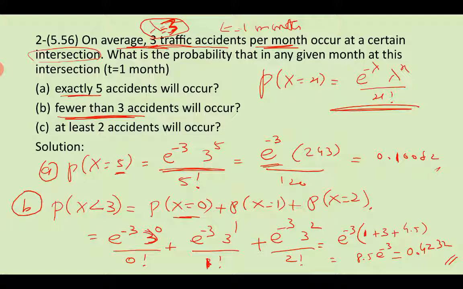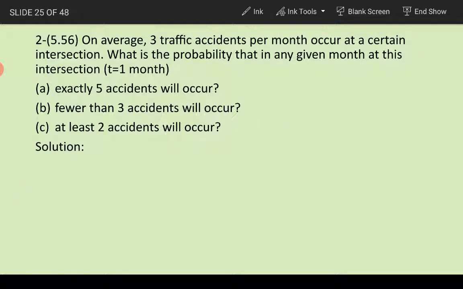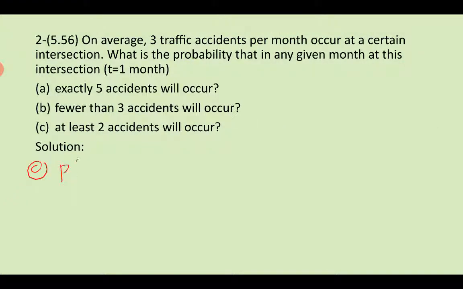Now the question is, what is C? At least 2 accidents will occur. At least means minimum, so when you count from the minimum you may go on infinitely larger. So how to solve it? Case C is at least, so minimum to maximum, anything. We will write 1 minus probability of x.